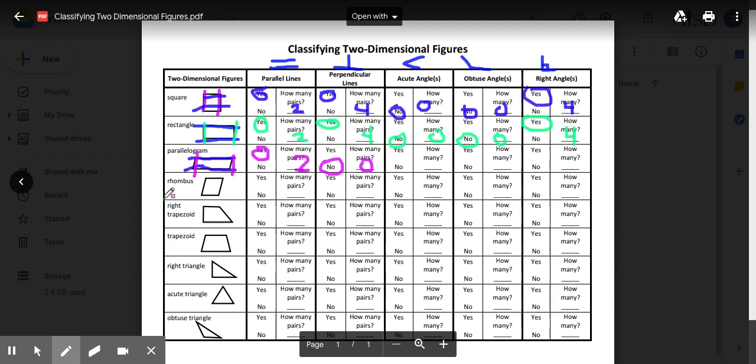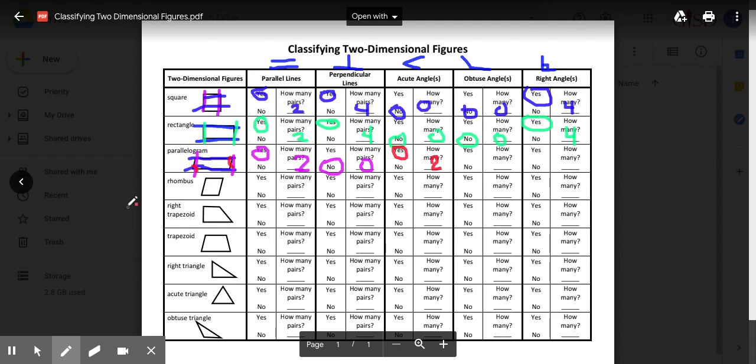Your next question asks you if you have any acute angles. The answer is yes. If you look at the way the angles are formed, there's an acute angle here and an acute angle down at the bottom also. So there's 2 acute angles, so your answer is yes, and there's 2 of them.